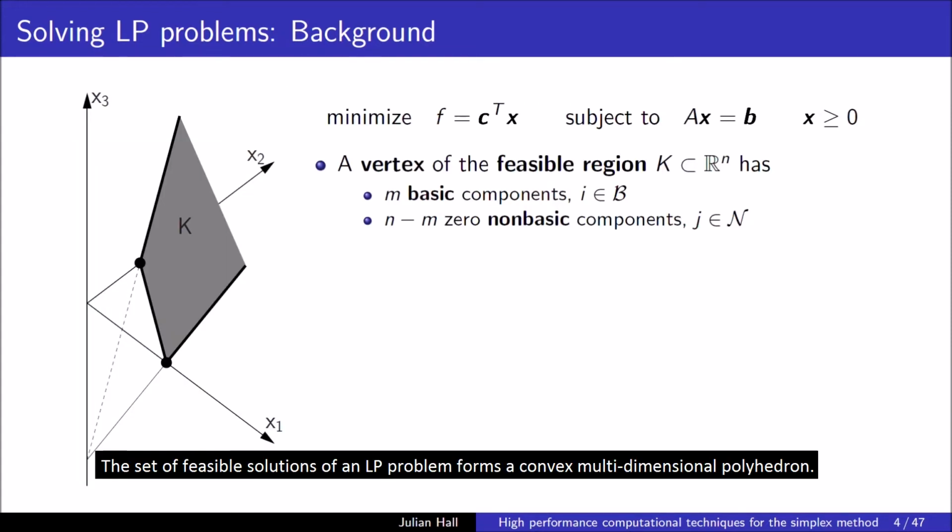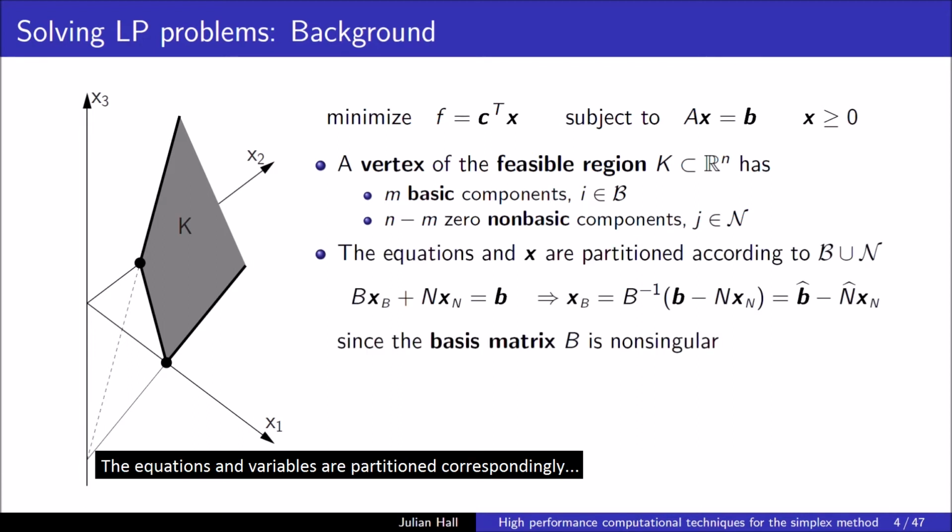The set of feasible solutions of an LP forms a convex multidimensional polyhedron. A vertex of the feasible region is partitioned into m basic components and n minus m non-basic components. The equations and variables are partitioned correspondingly, allowing the basic variables to be expressed in terms of the non-basic variables.